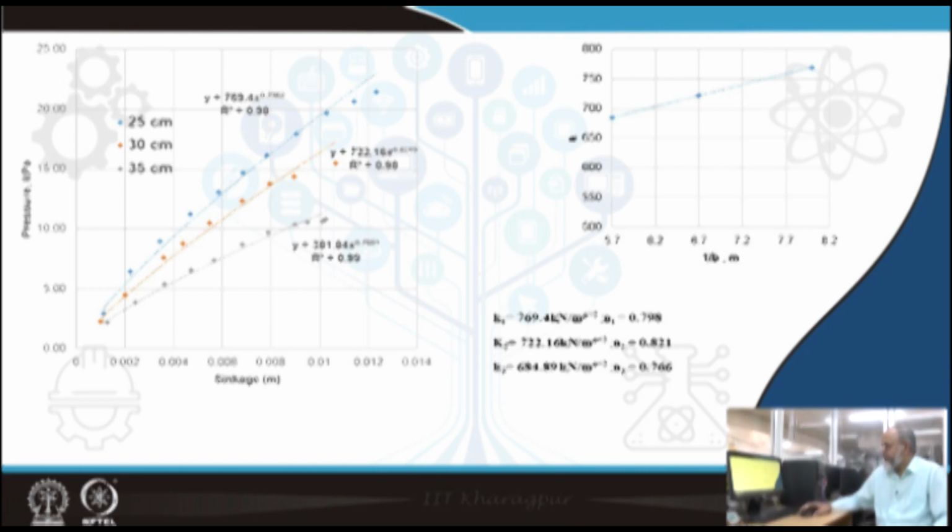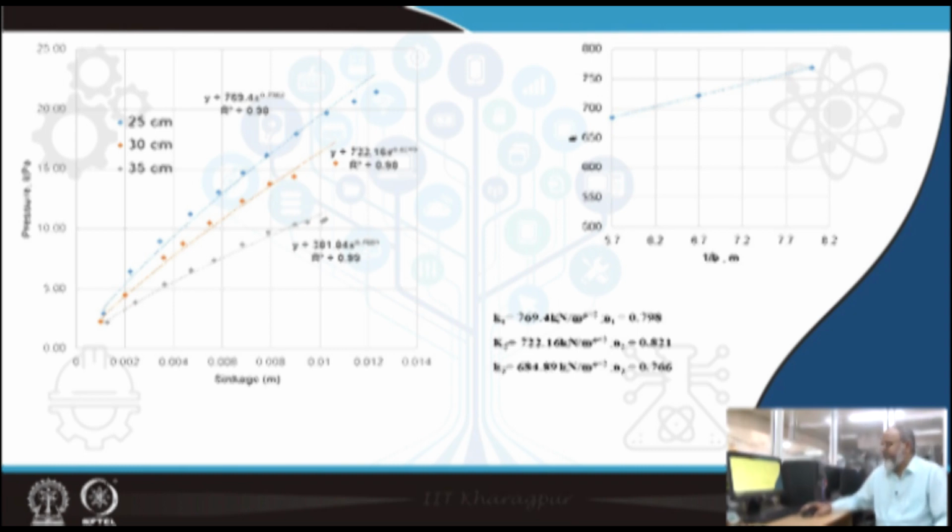The orange dots indicate the data related to the 30 centimeter diameter plate, and the gray ones represent the 35 centimeter diameter plate. So what we observe here is these three lines are not parallel. They are having a slope.